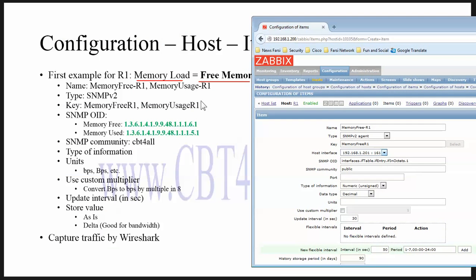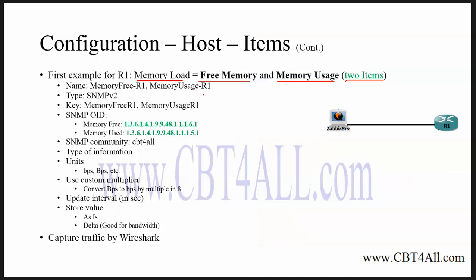So what is SNMP OID? To be honest, it has a long story. What is SNMP? You can search and study it yourself. But believe me, when Zabbix or any SNMP server wants to monitor a device by SNMP, they will use a specific strange number like that.